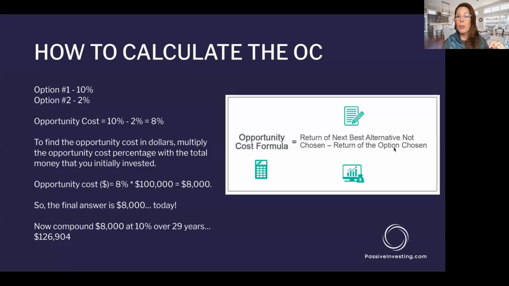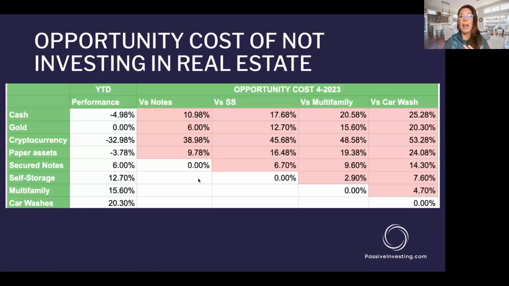Those are the people that are going to sail through inflation and recessions with a smile on their face, and they're going to build generational wealth. I just had to bring that up because let's start using this opportunity cost and what it is in today's market.